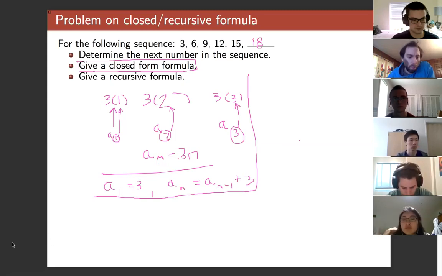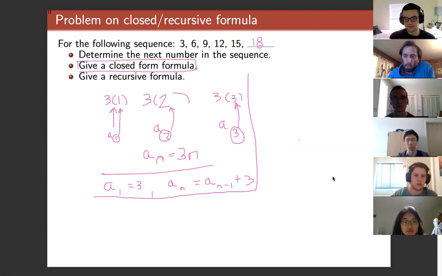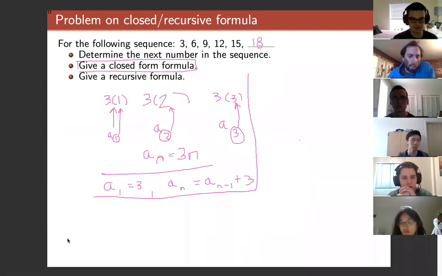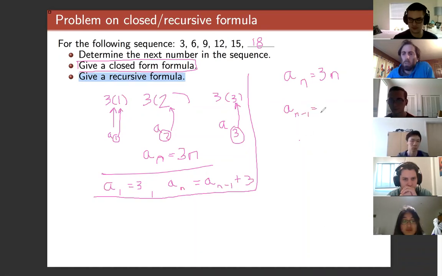So let's look at the general strategy here. We know that with the closed form, an is 3n. And we know that an minus 1 is 3 times n minus 1.